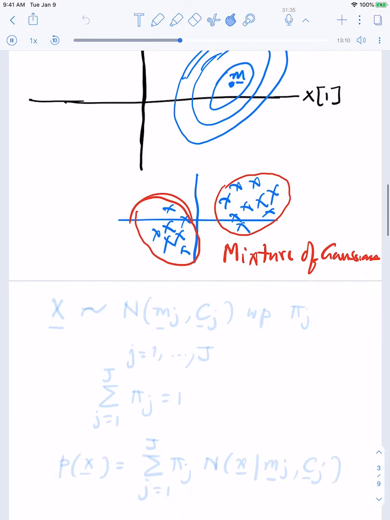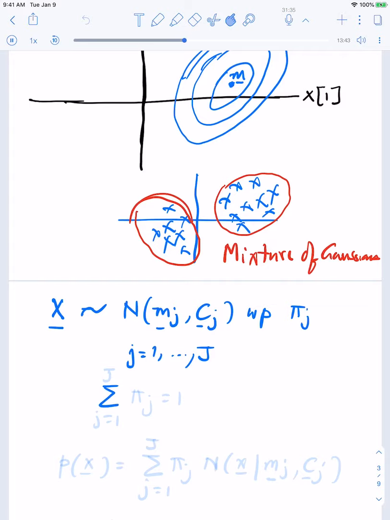So a random vector x, its distribution can be modeled as a mixture of Gaussians if we can say that x is distributed as Gaussian with some mean, say, m sub j, and some covariance C sub j with some probability pi sub j, and I could have J possible components of the mixture.